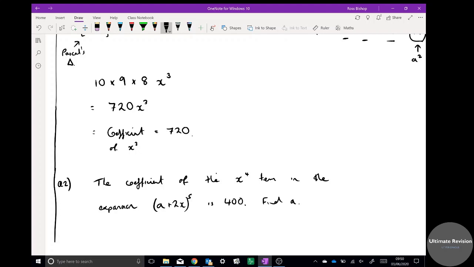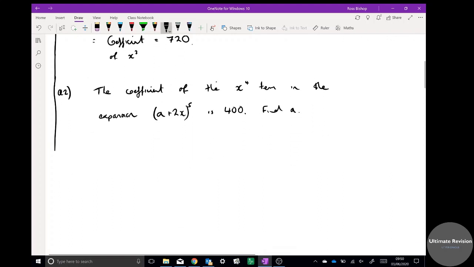Find a. This time it tells us what the coefficient is, and we're working backwards. Again, you might want to pause the video at this point and have a go at this question.